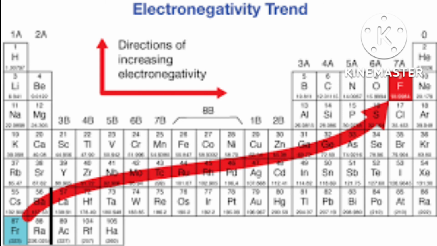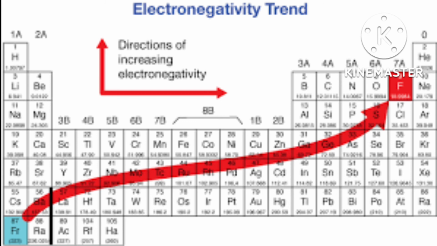Boron 2.0, carbon 2.5, nitrogen 3.0, oxygen 3.5, fluorine 4.0. Before fluorine is oxygen, 3.5; before oxygen, nitrogen, 3.0; before nitrogen, carbon, 2.5. It decreases back, and from lithium to fluorine, it increases.